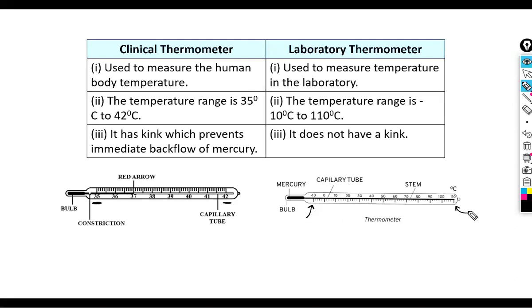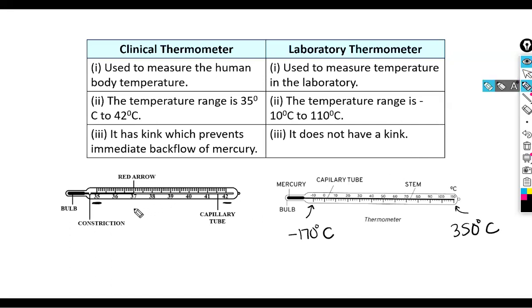But that's not extreme temperatures. Suppose you have something really, really cool, like minus 170 degrees Celsius, or a real hot piece of metal, like 350 degrees Celsius. You can't use either of these thermometers to measure those extreme temperatures.